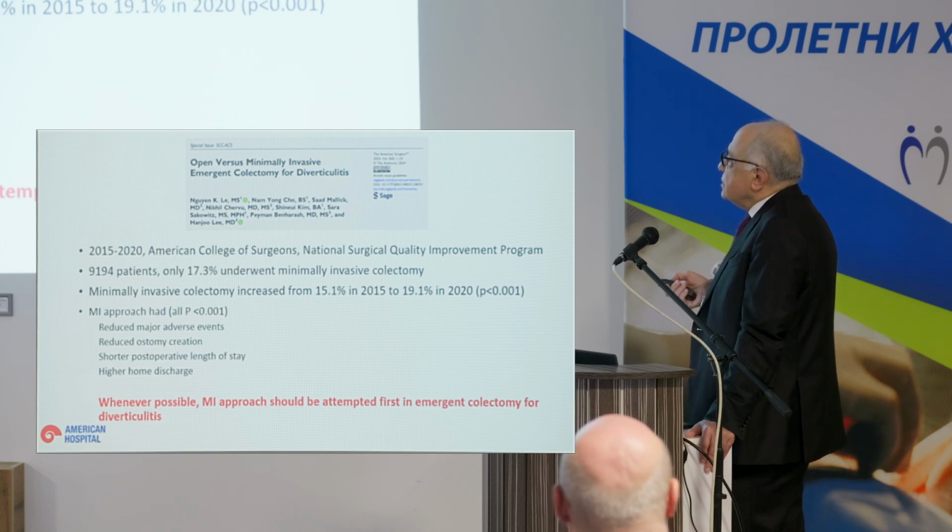That means that even in developed countries, minimally invasive surgery is not the procedure of choice for complicated diverticulitis. But in the conclusion of this study, the authors conclude that whenever possible, a minimally invasive approach should be attempted first in emergent colectomy for diverticulitis.